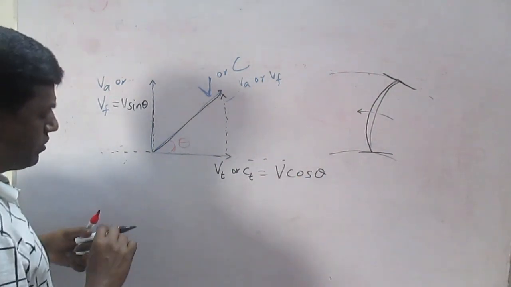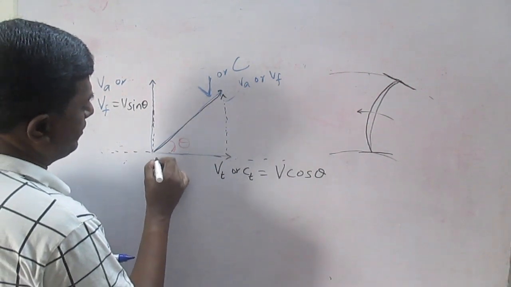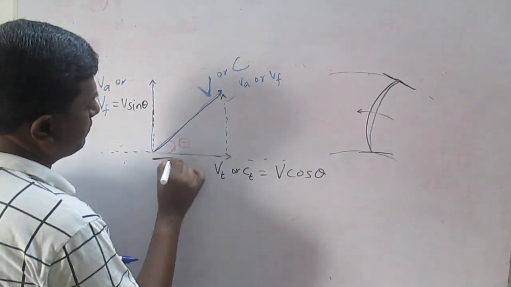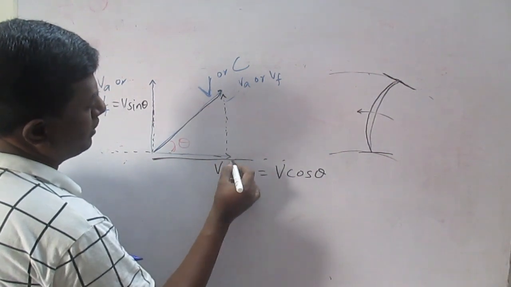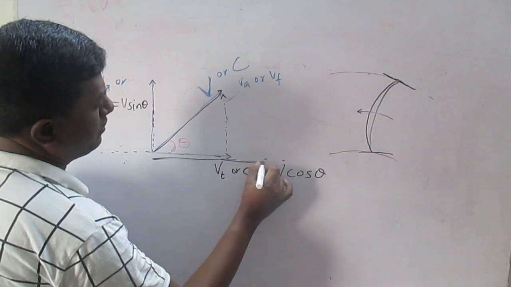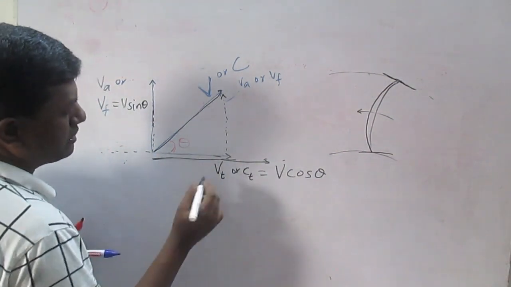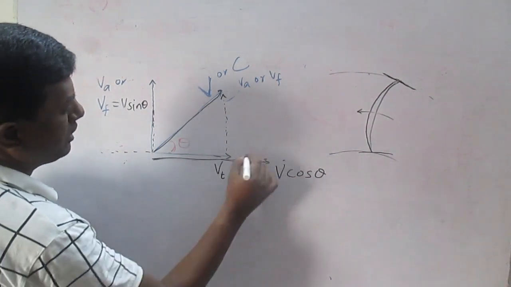The tangential component, suppose I include it here, we say the tangential velocity. So this tangential velocity we can call u.